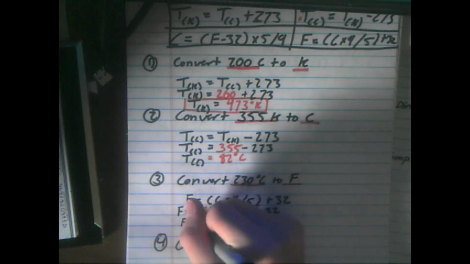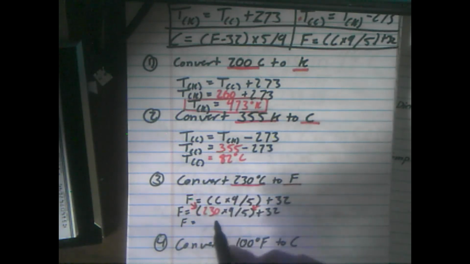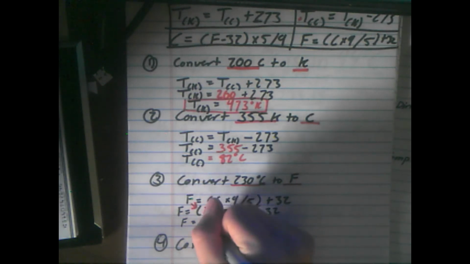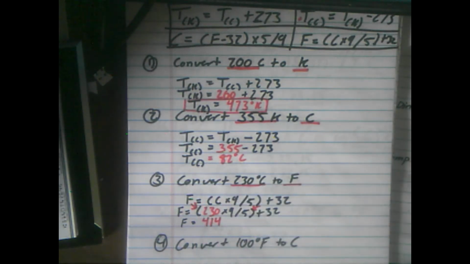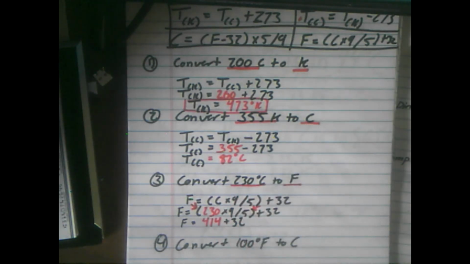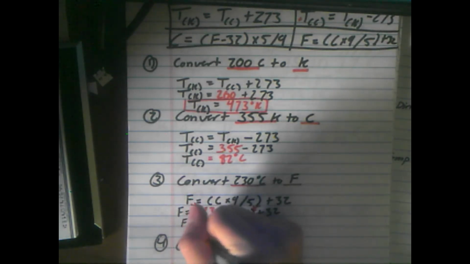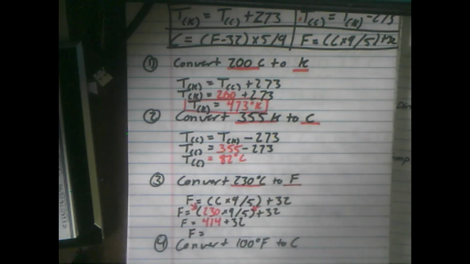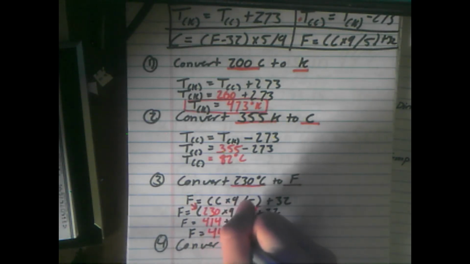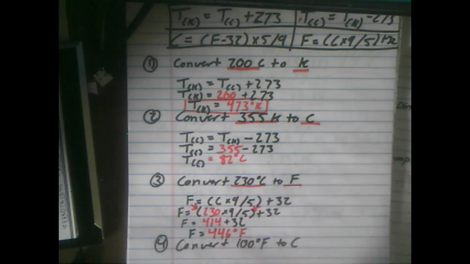Fahrenheit is equal to 414 plus 32. Now we just add them together. What's 414 plus 32? Well, that's going to give you Fahrenheit equaling 446 degrees Fahrenheit.